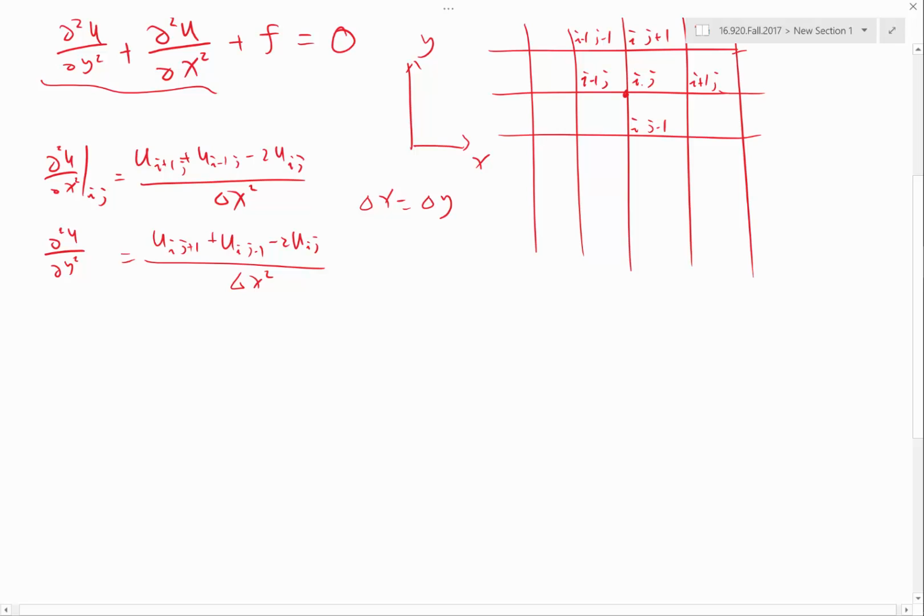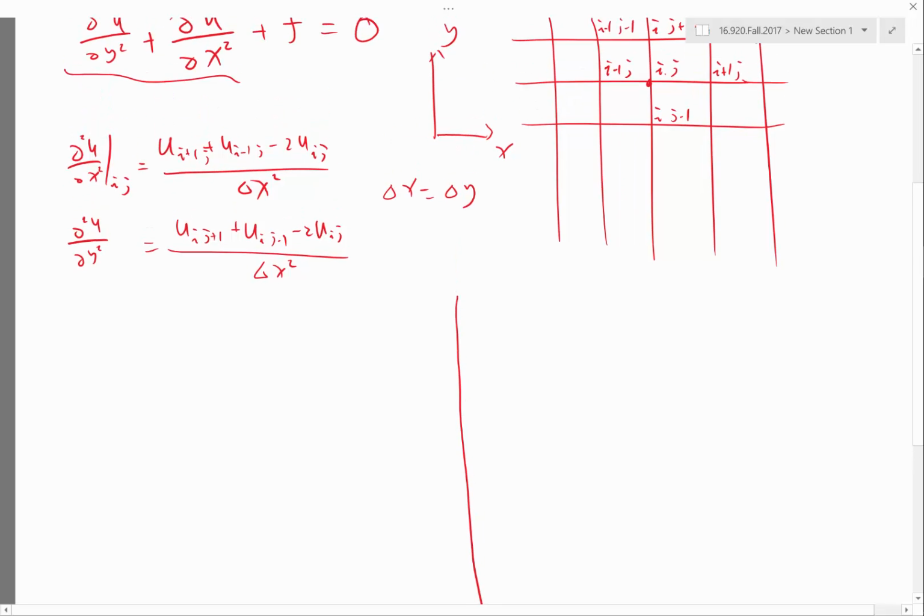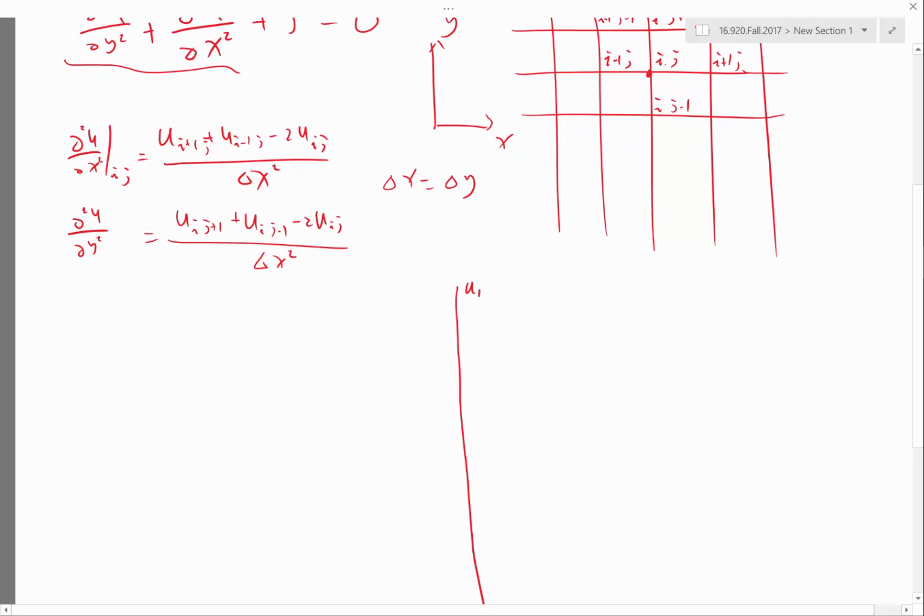So here we want to again put our solution into a vector. This vector is going to start with u of i equal to 1, j equal to 1. If you code in Python, you may want to say it's u0,0, but I'm going to use 1,1 here. So u1,2, etc., u1,n-1. If you are having periodic boundary conditions, that's what we do.